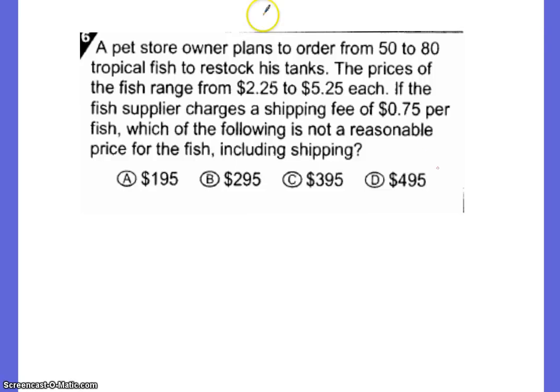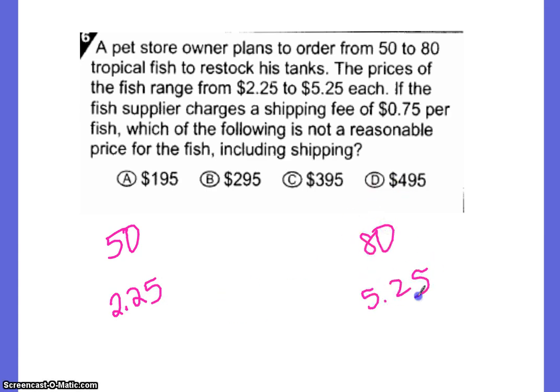Okay, so smallest possibility is to order 50 and to pay $2.25. Most expensive possibility is to order 80 and to pay $5.25. Now, there is also 75 cents per fish.